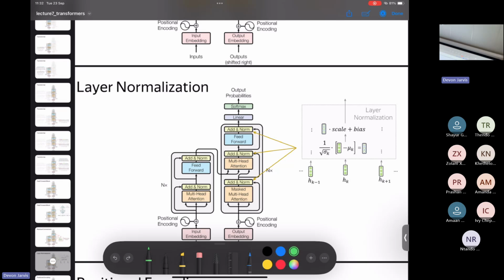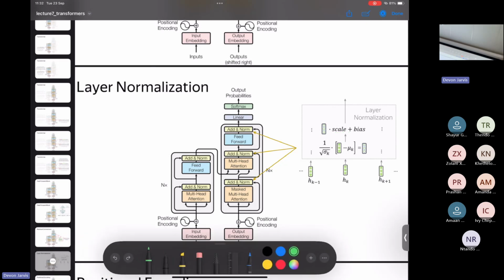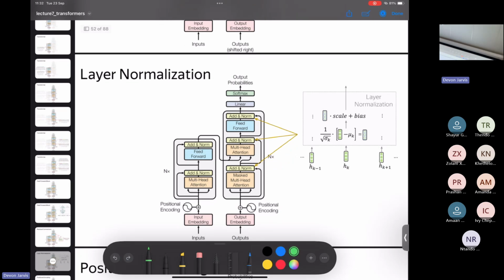I don't know if I want them sitting at 0, so I'm going to add a bias to it. I don't know if I want it with a standard deviation of 1, and so I'm going to add a scale to it. But at the same time, I don't want to make that a hyperparameter. That doesn't seem like it's going to be useful to me. Why don't I just make those two things their own values and then let the data decide? Okay, and so that is a layer normalization layer.